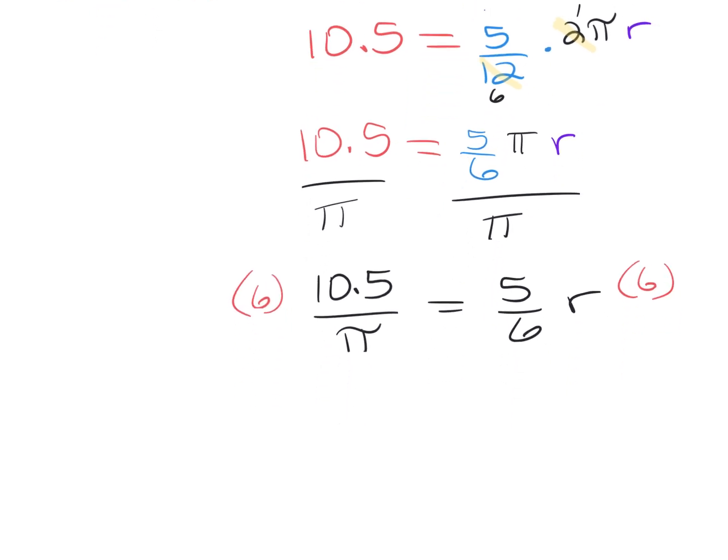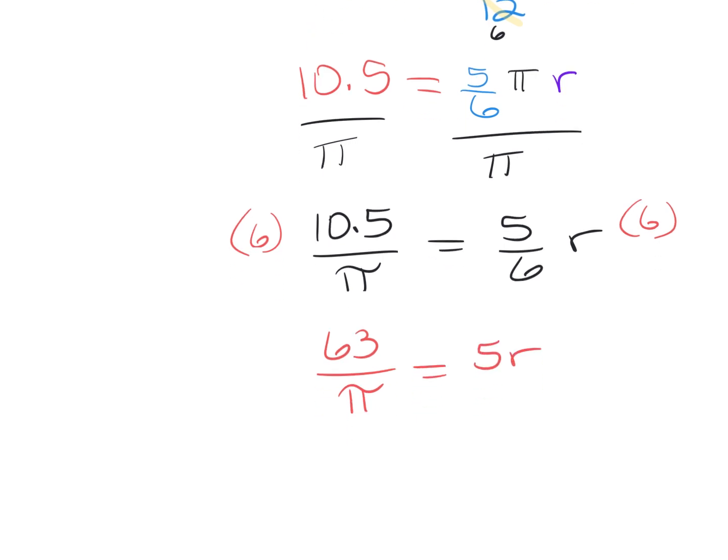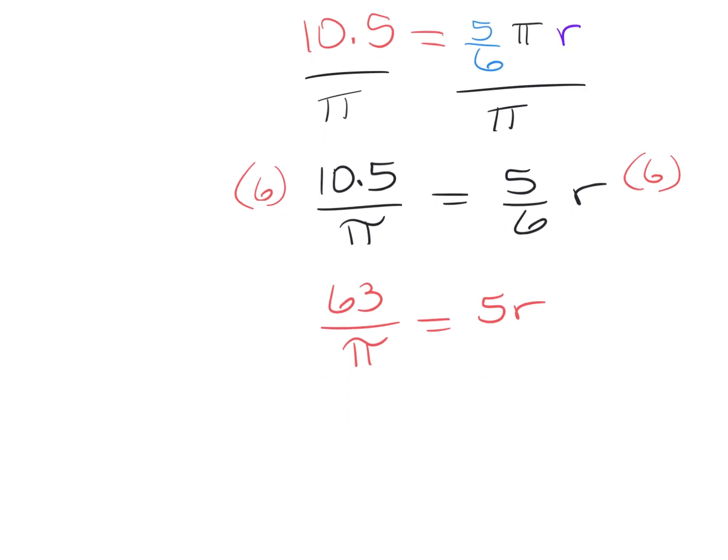And then 10.5 times 6 gives you 63 over pi equals 5r. And then now we have to divide by 5, which is really like multiplying by 1/5. And then you would get 63 over 5 pi. And that would be your radius in terms of pi.